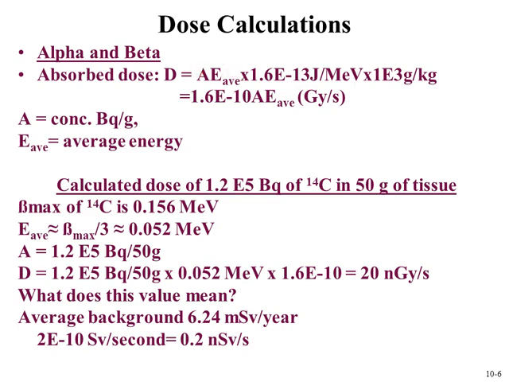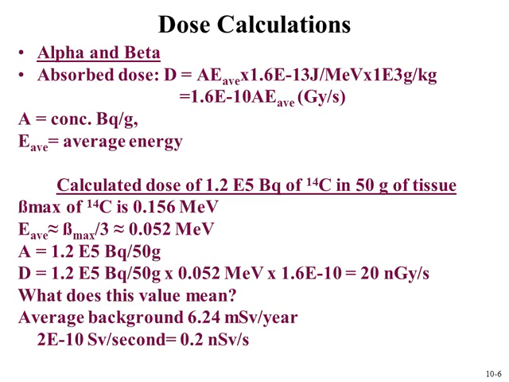If one wants to use the dose in grays per second, this equation transforms to a very simple equation where you get 1.6 times 10 to the minus 10 A, which is the concentration in becquerels per gram, times E, which is the average energy. This equation is for alpha and beta. For alpha, the average energy can be the energy of the decay, whereas for beta, since we have a range of energies, we actually use 1/3 of the beta max as the average energy.